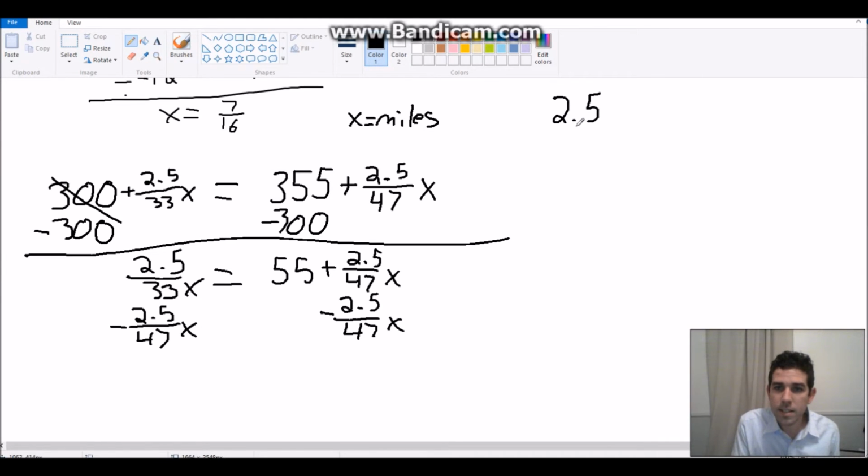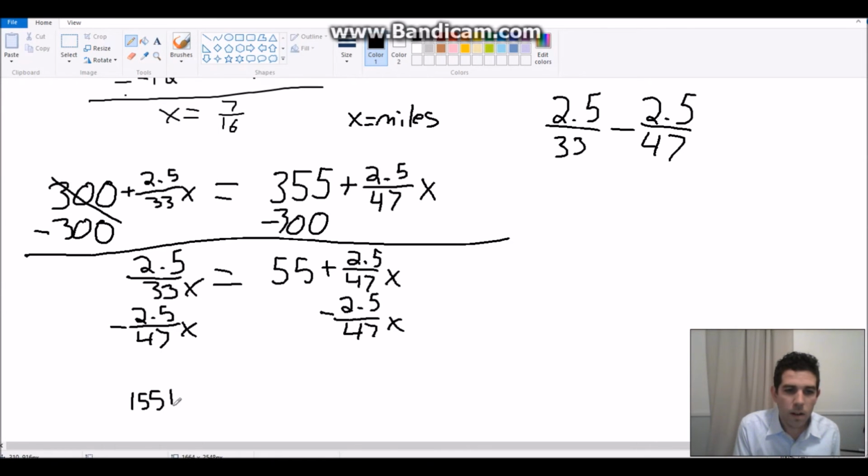I won't go into all the work that I went into, but I did figure out what the like denominators were for this problem. I came out with a common denominator of 1,551, and after doing the subtraction, the answer was 35 over 1,551.